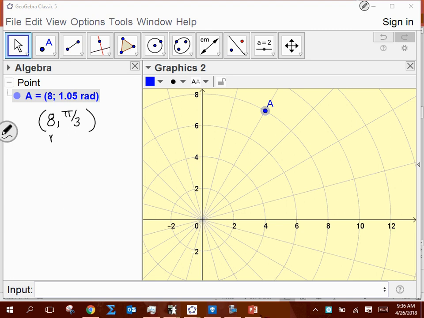Okay, so that's my r, and that's my theta. I want to change that into an x comma y. Okay, so you're seeing that it looks a little bit bigger than 4 on the x-axis, and it looks a little bit bigger than probably 7 on the y-axis, right? So those are going to be the numbers that we're interested in seeing here.